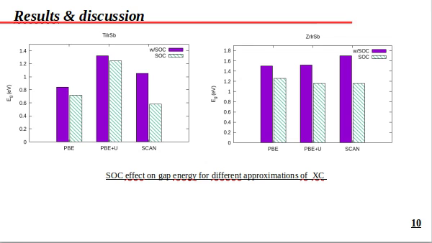And it's clear that the spin-orbit coupling effect is more important in the case of the SCAN functional, where the difference between the gap energy in the presence of SOC minus the gap energy in the absence of SOC equals 0.48 electron volt for TaARSb and 0.54 electron volt for ZrARSb that we study here in this work.